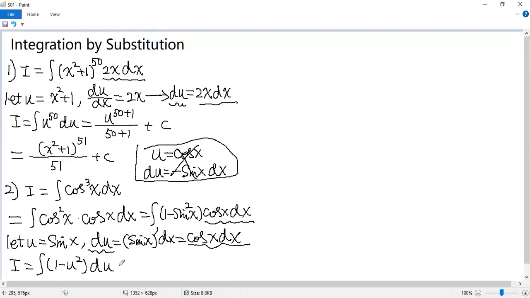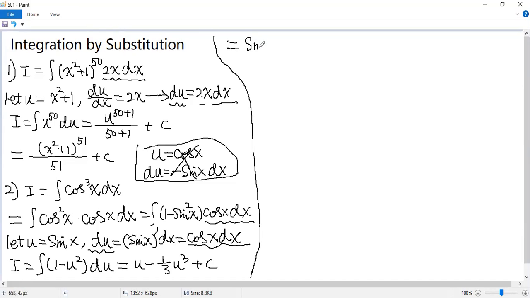So we get du. We know the antiderivative, which is u minus 1 over 3 u cubed plus c. Finally, we replace u by sine x. We get sine x minus 1 over 3 sine x cubed plus c.